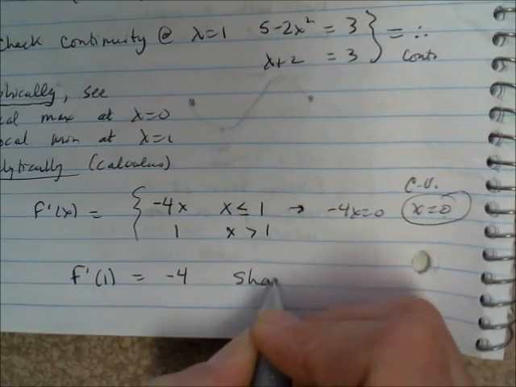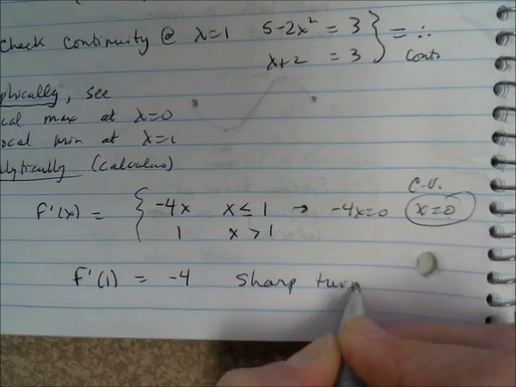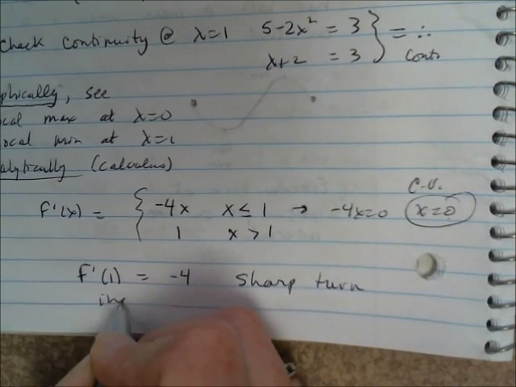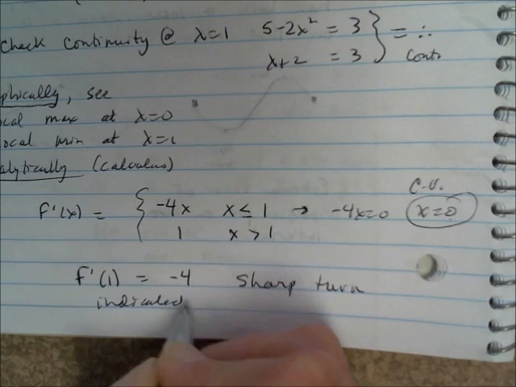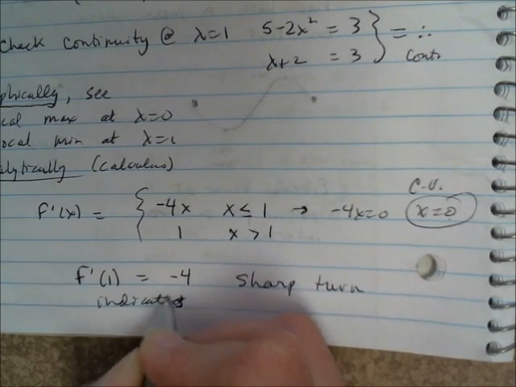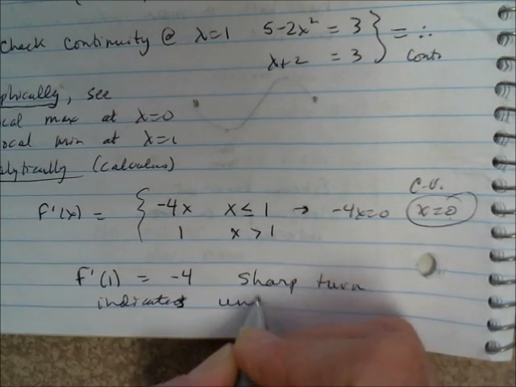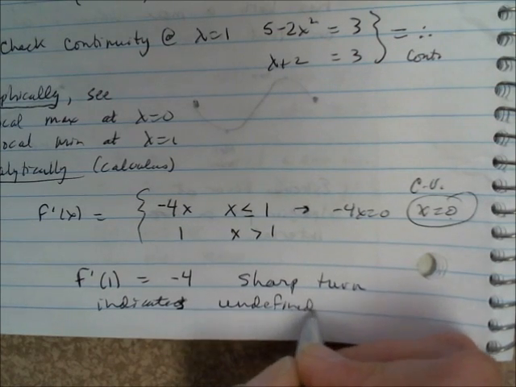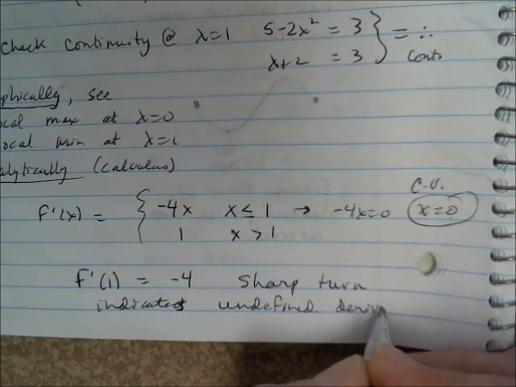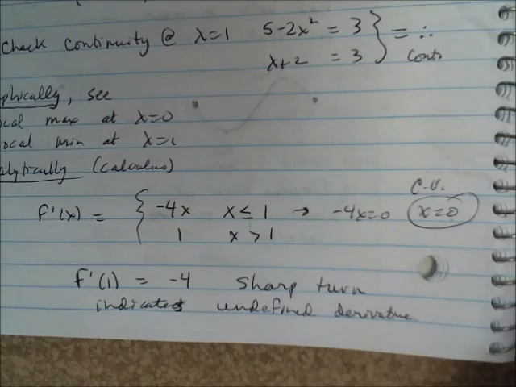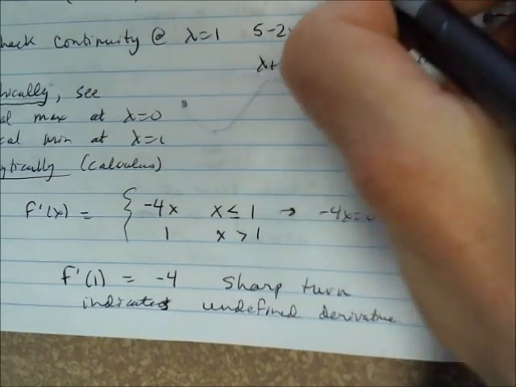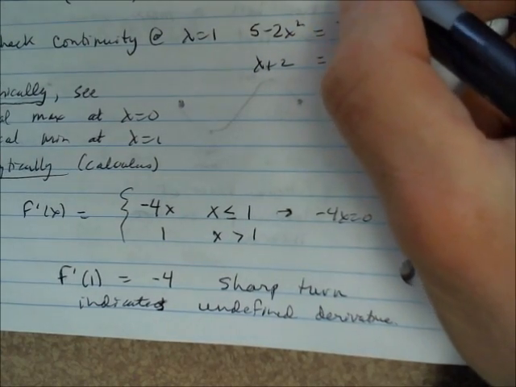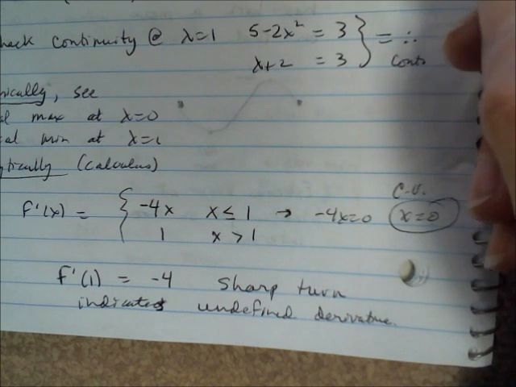So a sharp turn indicates an undefined derivative. So at x equals 1, the derivative is undefined. And because it's undefined, you know you're going to have a local max or min.